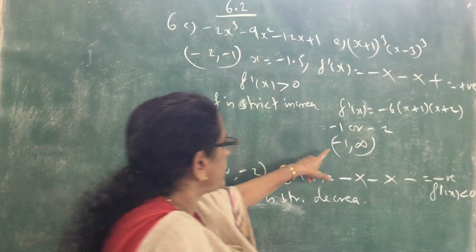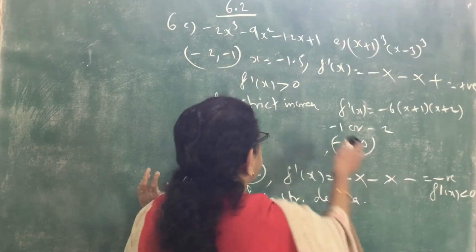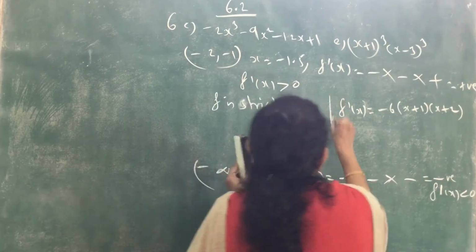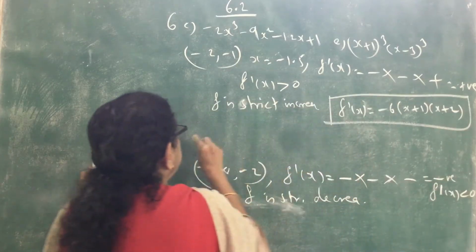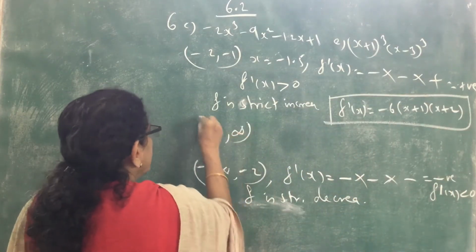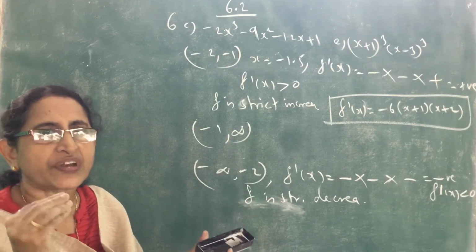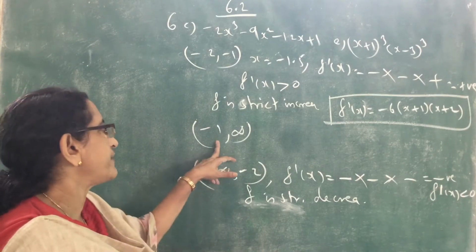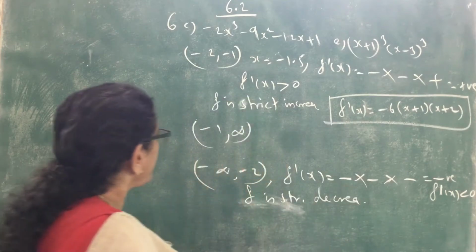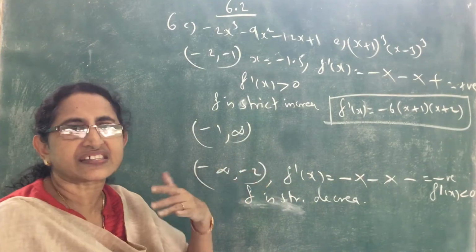Now one more interval we have to consider, negative 1 to infinity. In this interval, between negative 1 and infinity, we can substitute any number belonging to this interval in f dash x. So we can substitute 0.